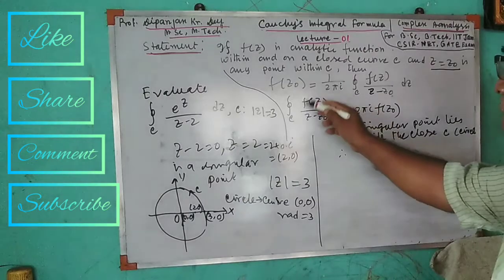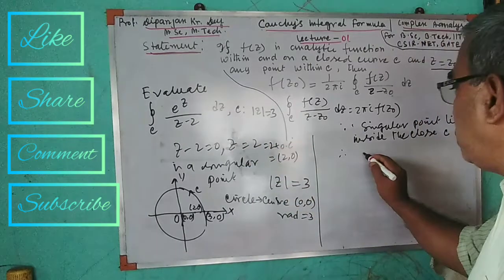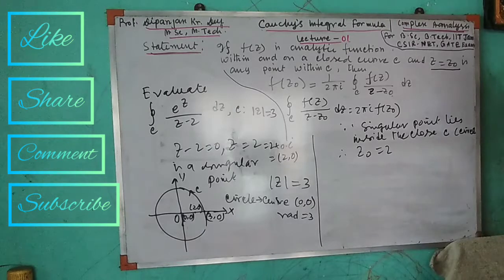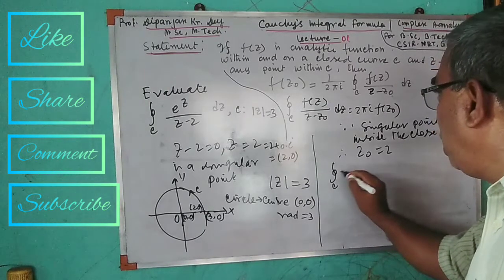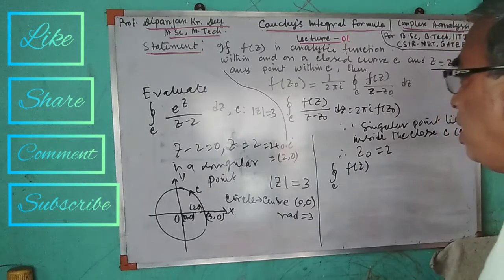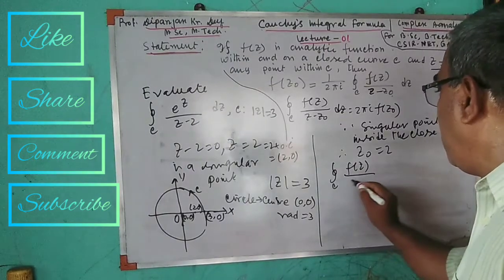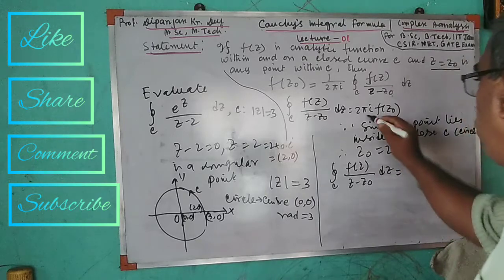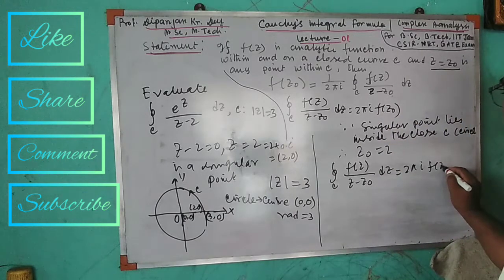Therefore, using this formula, what is z0? z0 is equal to 2 here, a singular point that lies inside the circle. So the integral over C of f(z) by z minus z0 dz is equal to 2 pi i into f(z0).